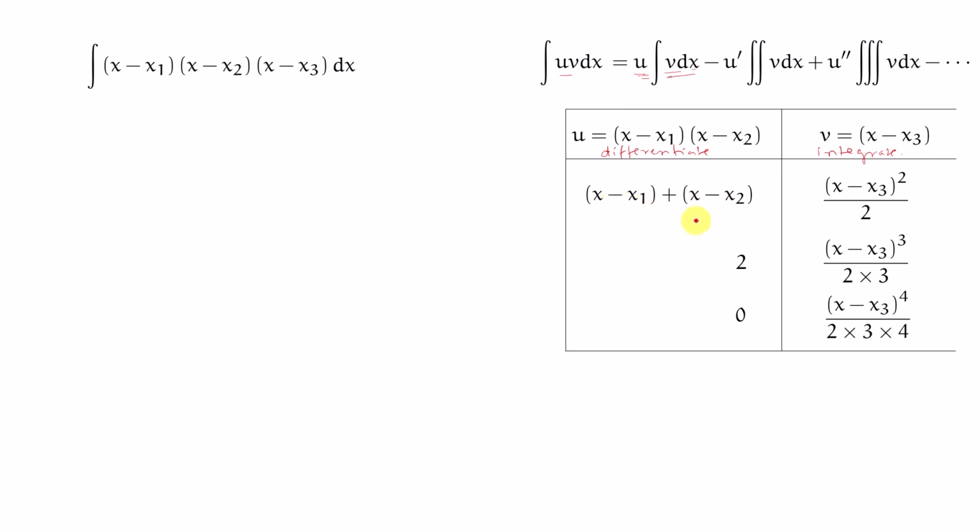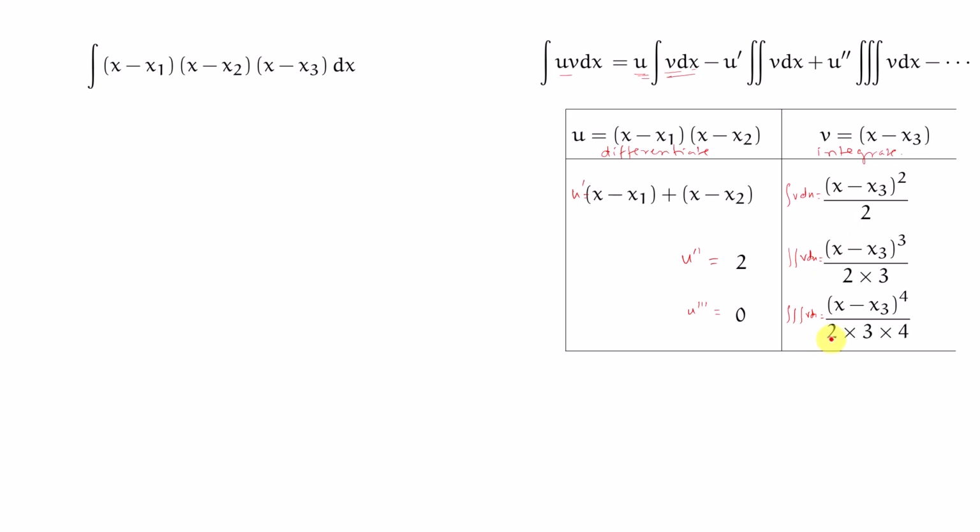Then the second derivative will give me 2, and the third derivative will give me 0. So this is my u prime, this is u double prime, and this is u triple prime. All subsequent derivatives will be 0, so there is no need to evaluate them. Here these are integrals of v, so this is the integral of v dx, this is the double integral of v dx, this is the triple integral of v dx, etc.